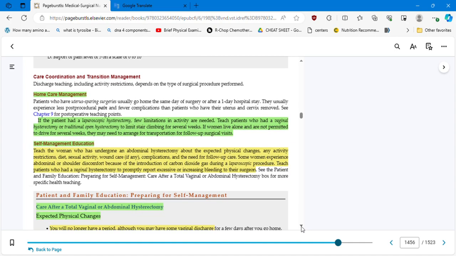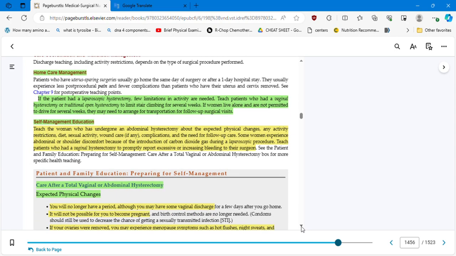Home care management. If the patient had a laparoscopic hysterectomy, few limitations in activity are needed. Teach patient who had a vaginal hysterectomy or traditional open hysterectomy to limit stair climbing for several weeks. If women live alone and are not permitted to drive for several weeks, they may need to arrange for transportation for follow-up surgical visits.